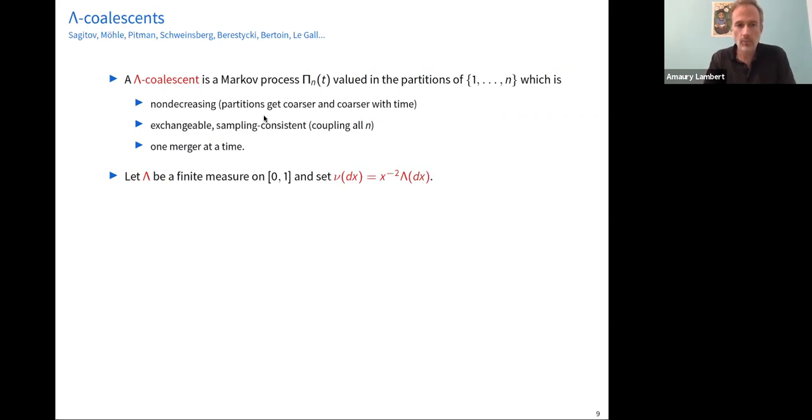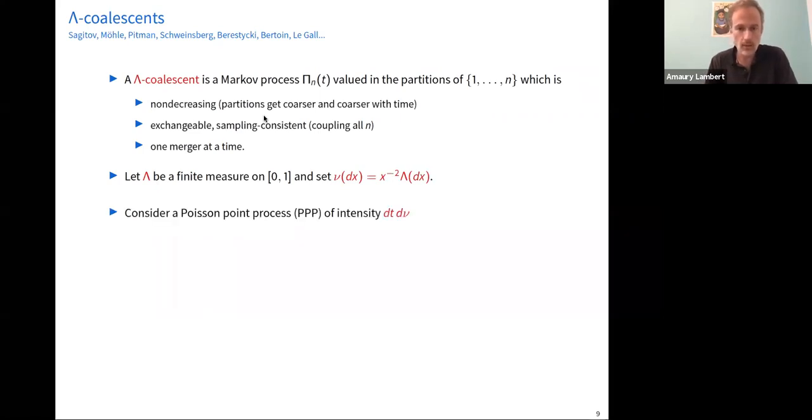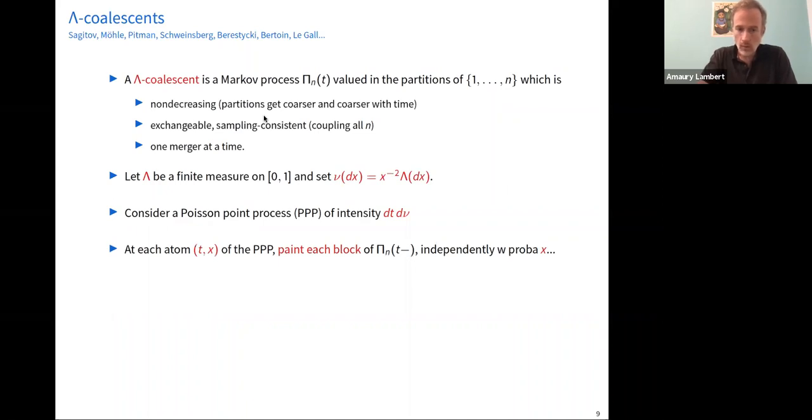It has been shown by Sagitov, Möhle and others that these coalescents can be characterized thanks to a finite measure called lambda, hence the name of the lambda coalescent. If lambda doesn't charge 0, you can define nu of dx as on the slide, and construct the process from a Poisson point process of intensity dt times nu of dx, as follows.